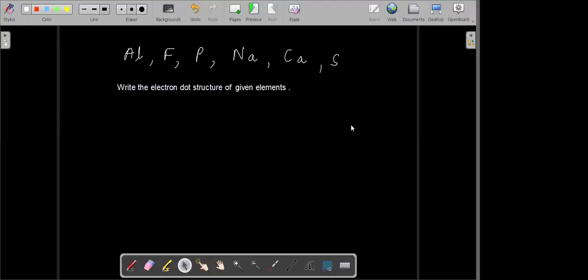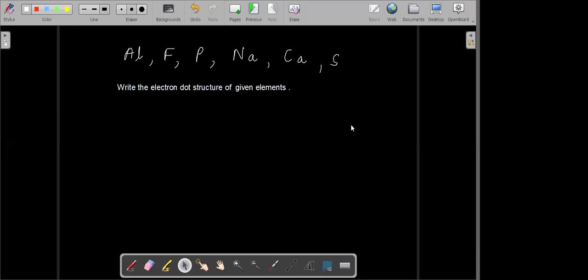Sir, 1 minute, sir. Can you show again? Okay. The elements are aluminium, fluorine, phosphorus, sodium, calcium, and sulfur. And at the same time, all of you will keep your camera on. All of you will show it at the same time.